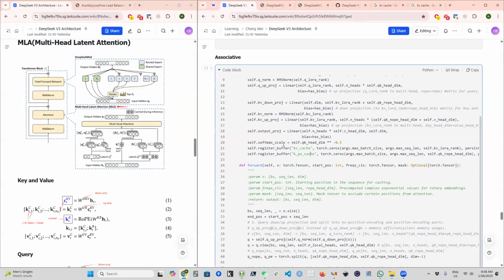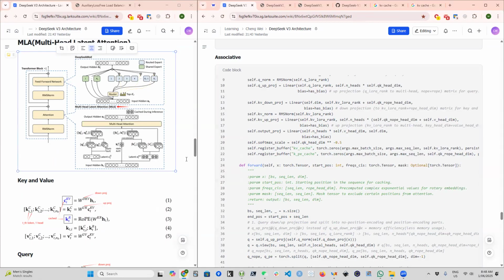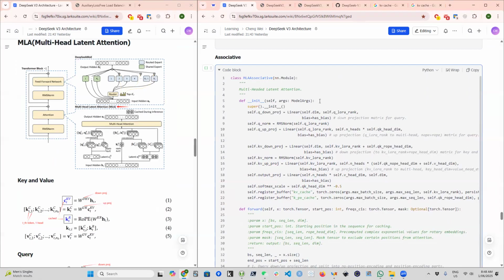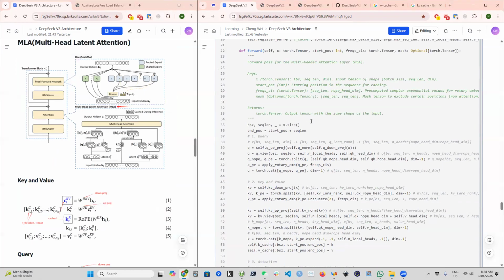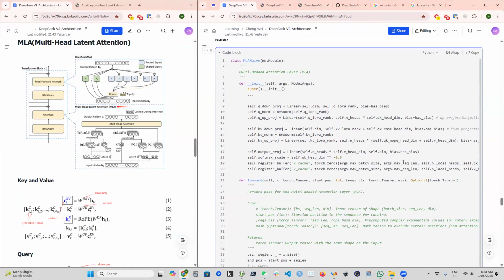Right. In the naive version, we are actually caching the multi-head version. You see here, it's batch size, sequence length, number head, then head dim, right?